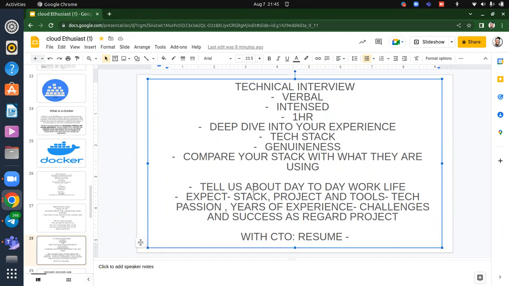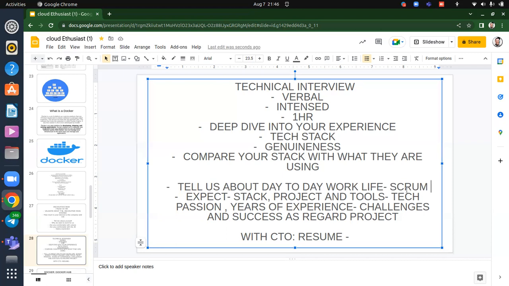Okay, these are the questions I'm going to tell you about, the day-to-day life. They expect you to tell them about your agile system, which is your Scrum meeting, your Kanban, the project you do, your product, your team. Also, they expect you to talk about the projects you've worked on and the tools you have used.